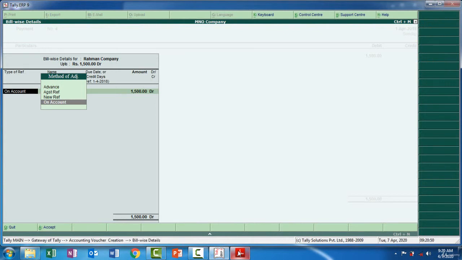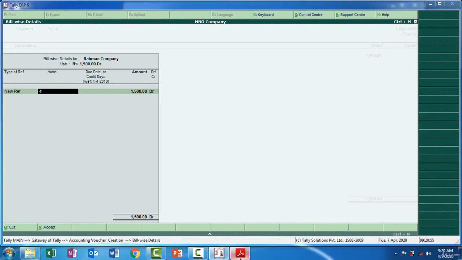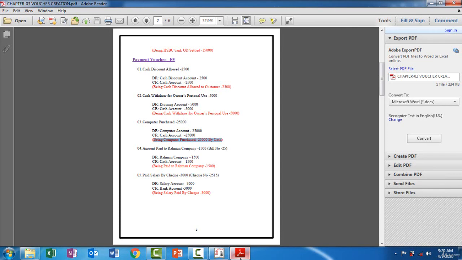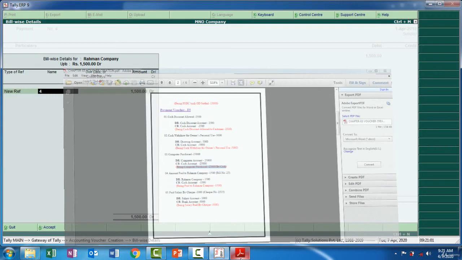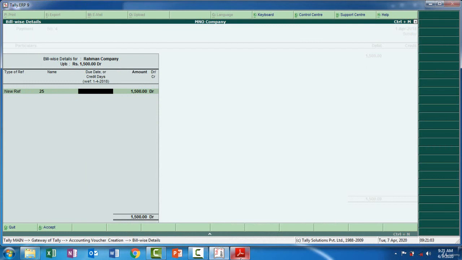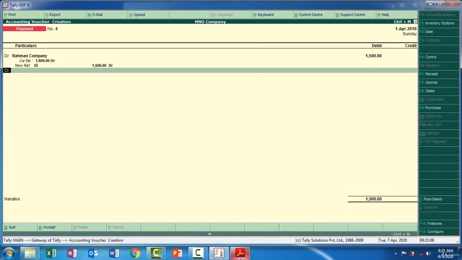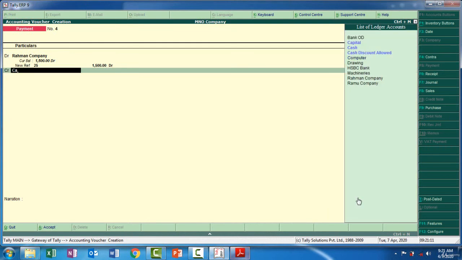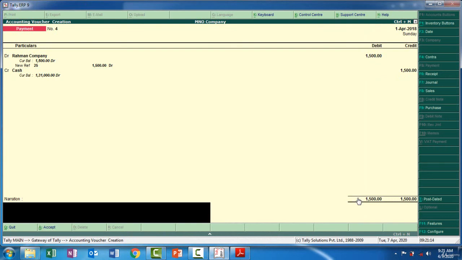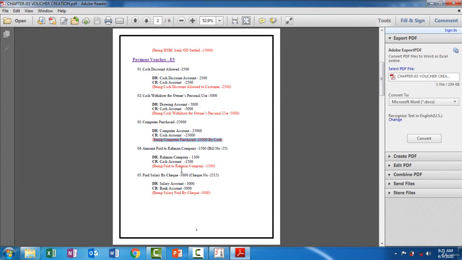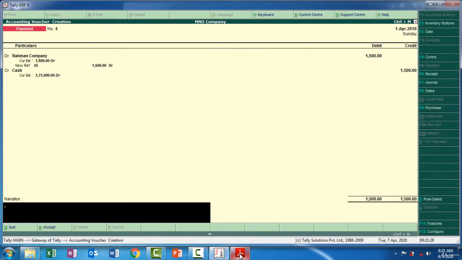So the paid 1,500, it is new reference, the bill number is 25. Yes, the second one is cash account credit. The narration is being paid to Rahman company 1,500.